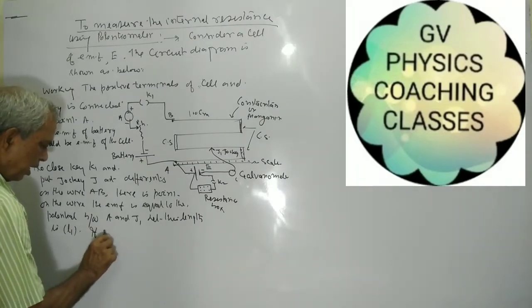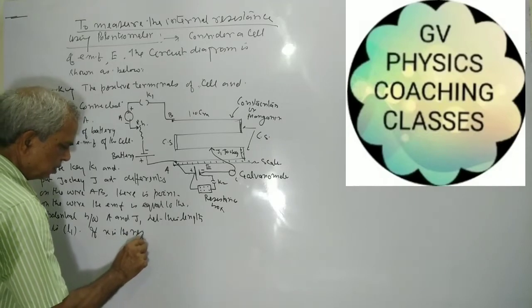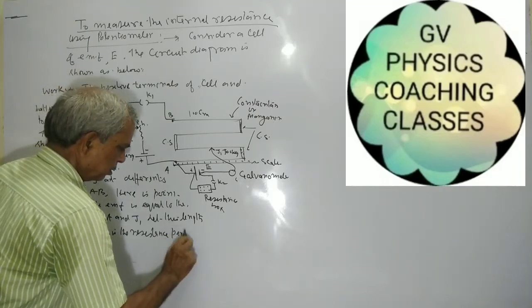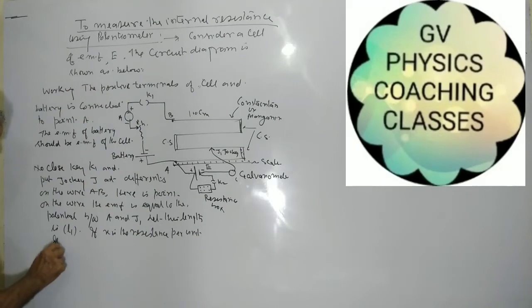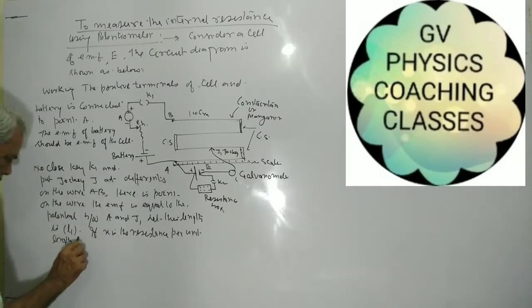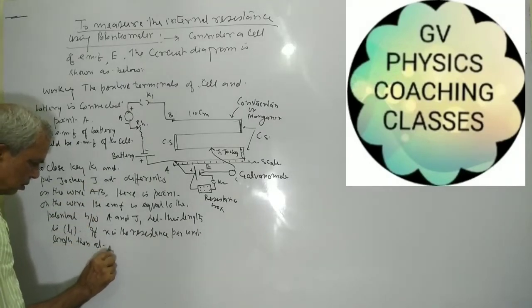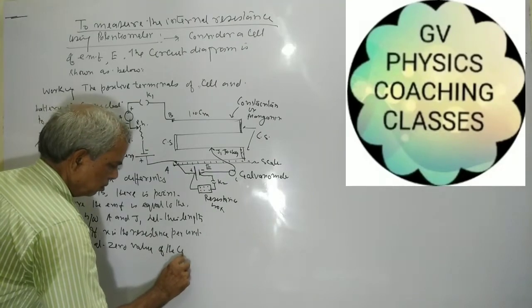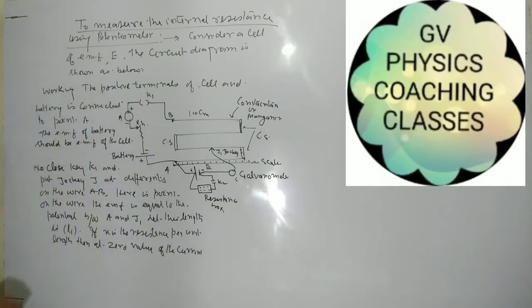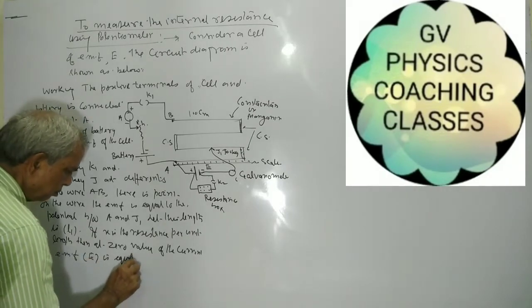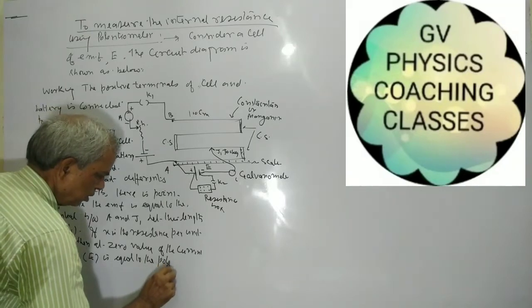If X is the resistance per unit length, then at the null point, at zero value of the current, EMF is equal to the potential drop.